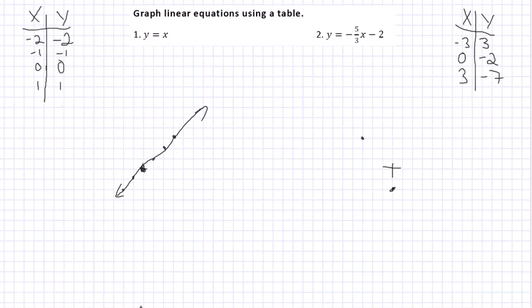And (3, -7). 1, 2, 3, 1, 2, 3, 4, 5, 6, 7. And then I'm going to connect those points. Line's a lot straighter than my last one. And you can see that here is my linear equation being graphed right here. All right, let's look at another example.